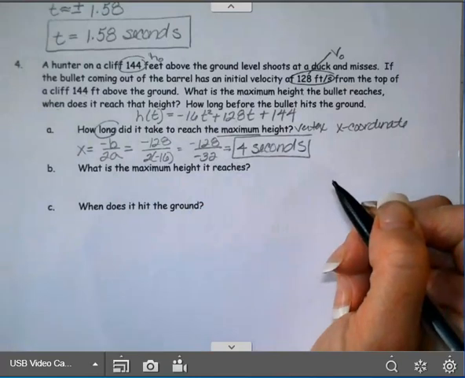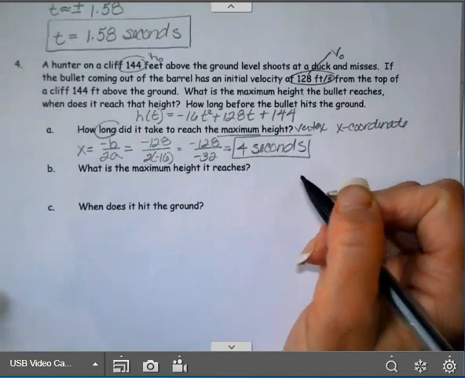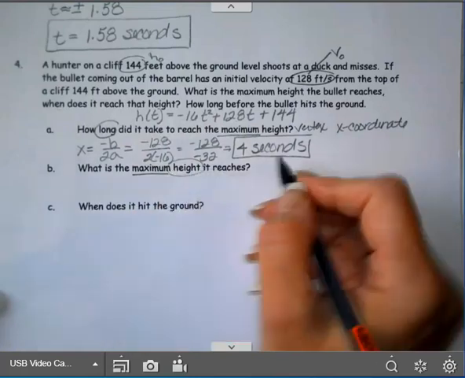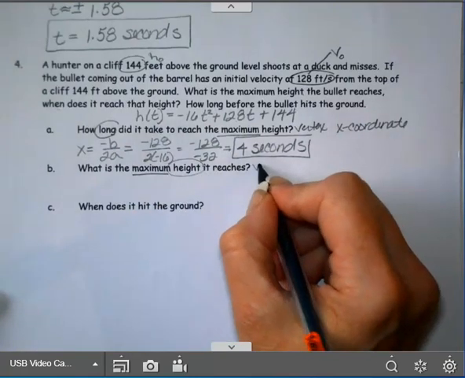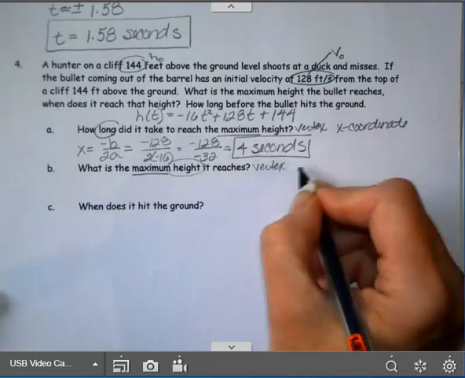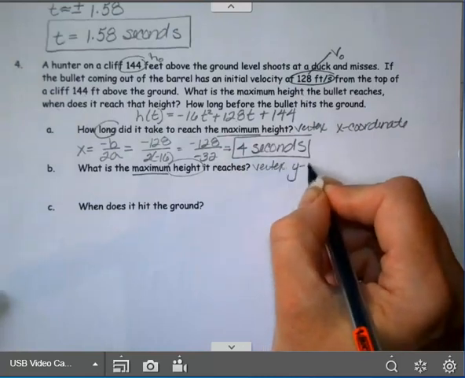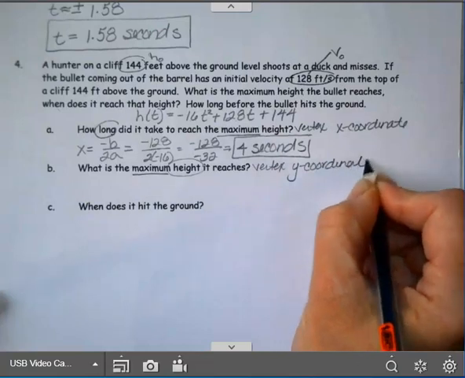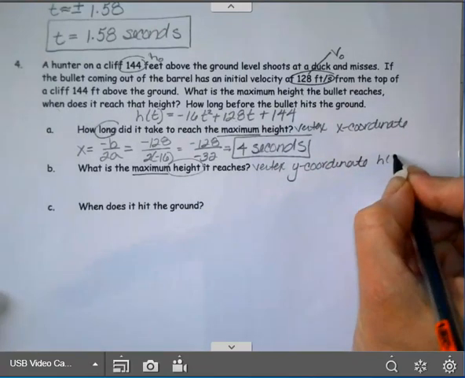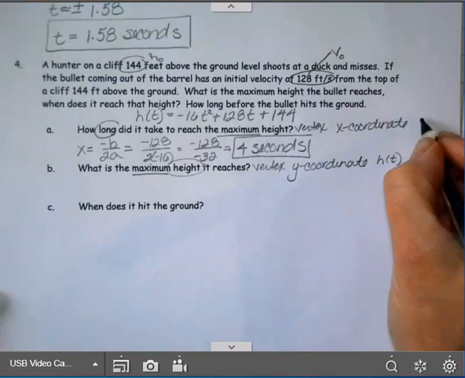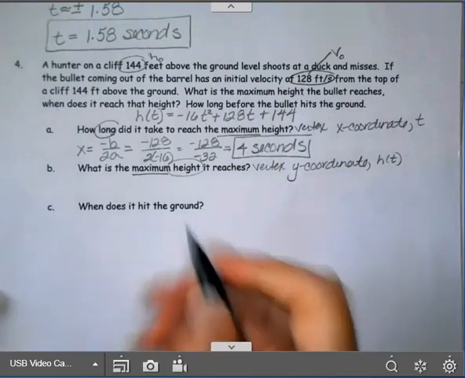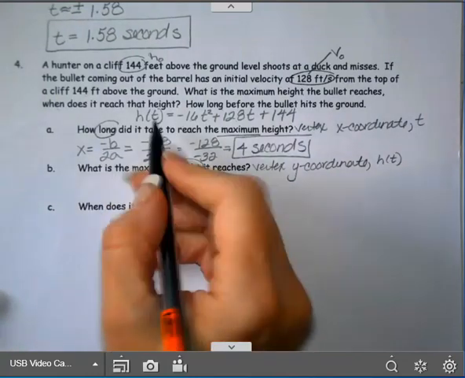For part B, I'm asking the maximum height. So now I want the vertex y-coordinate. And we've used h of t for the y-coordinate. Up here for the x-coordinate, we used t instead of x. And so I just need to plug in the 4 seconds into this equation.